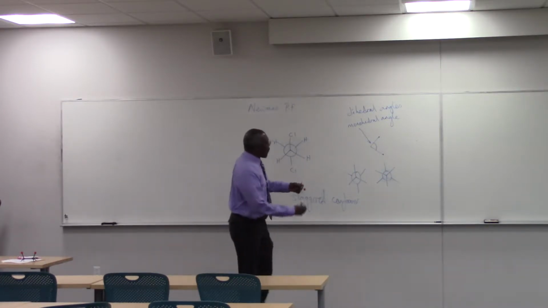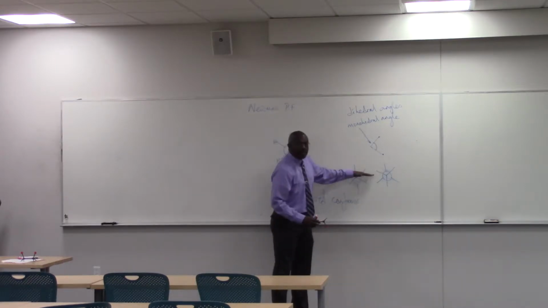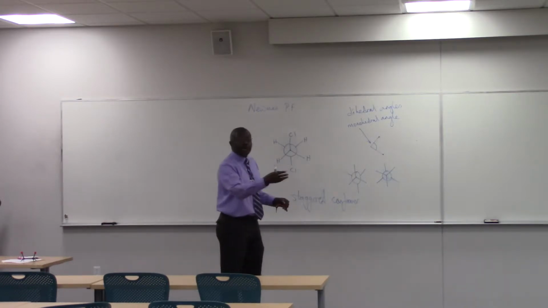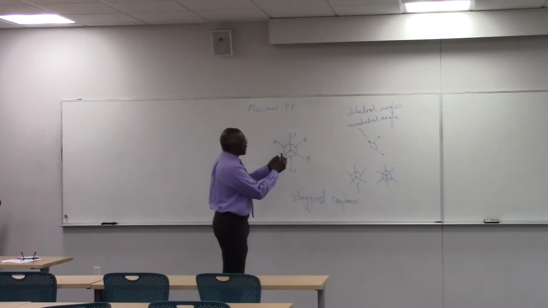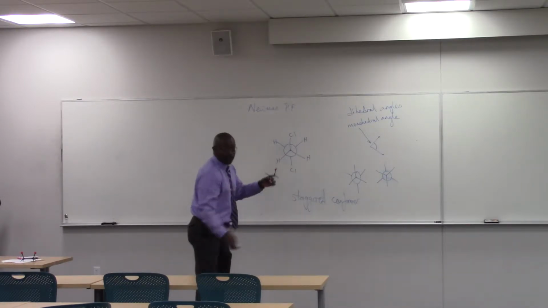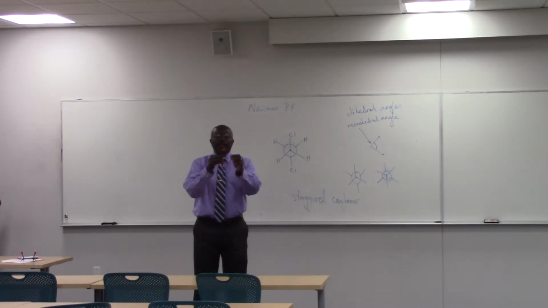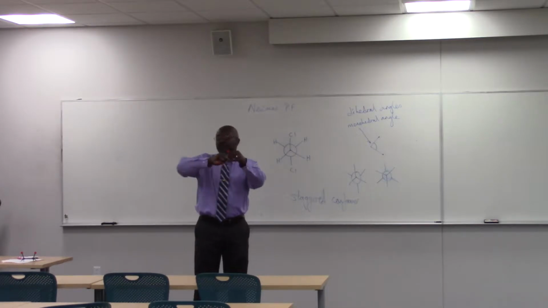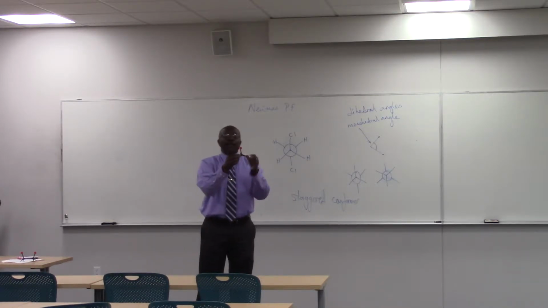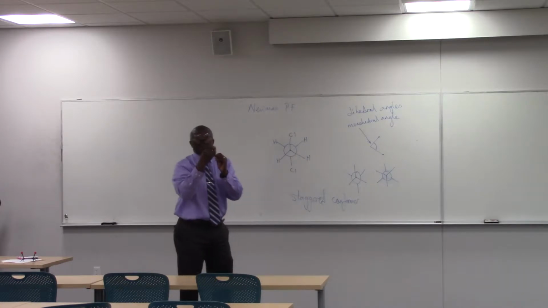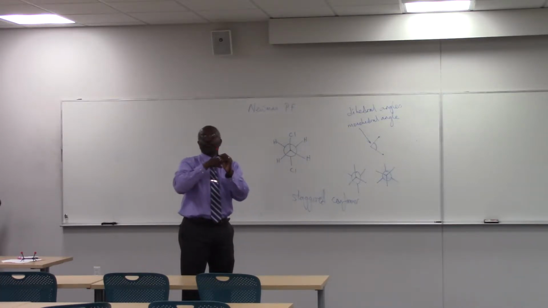Well, what happens when we rotate 60 degrees? Well, what's going to happen is that the group on the front will block the group on the back. If I started off here and I rotate 60 degrees in either direction, if you're watching dead on, the front group occludes the back group. In other words, the front group eclipses the back group.